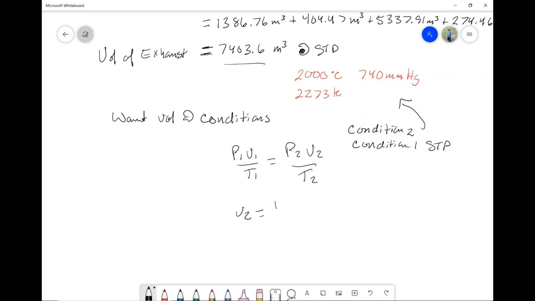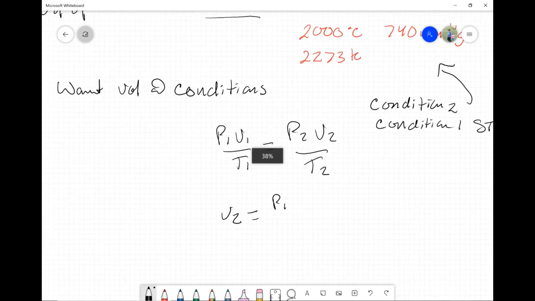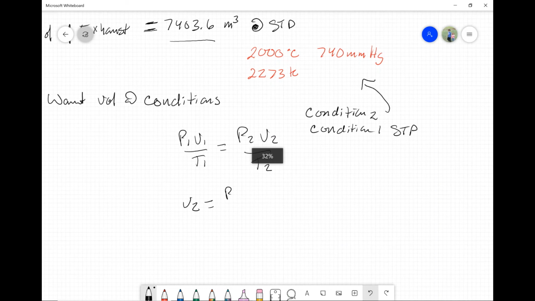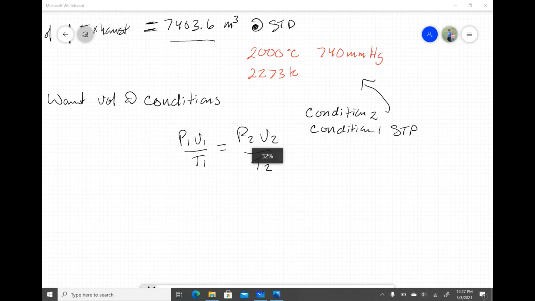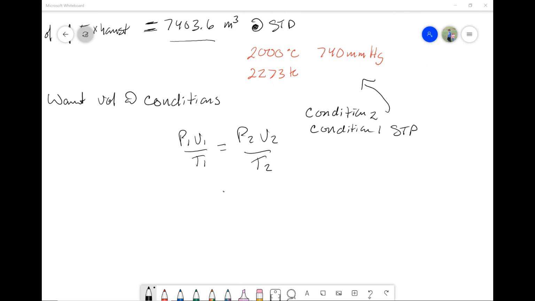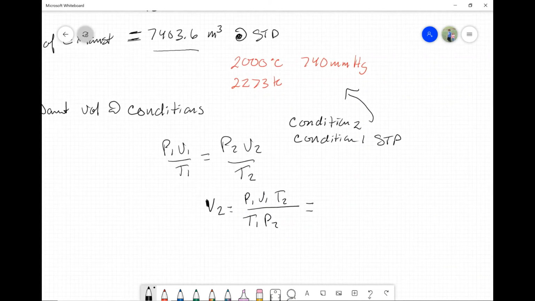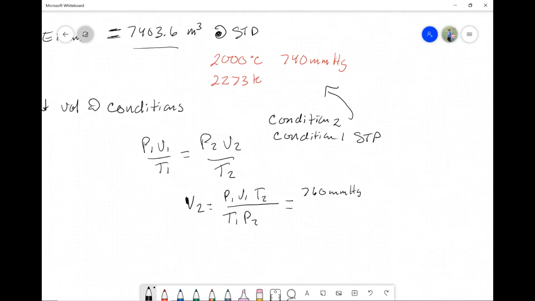V2 equals P1. I'm writing it kind of sloppily. I apologize. Let me clean it up. So P1 is 760 millimeters of mercury. What happened to my pen?